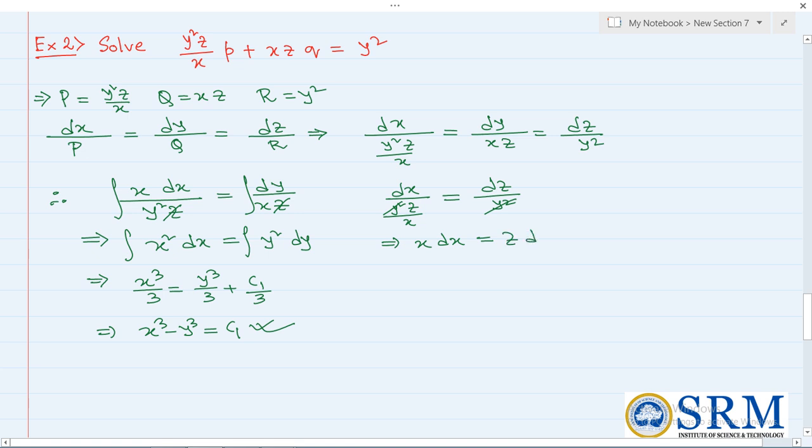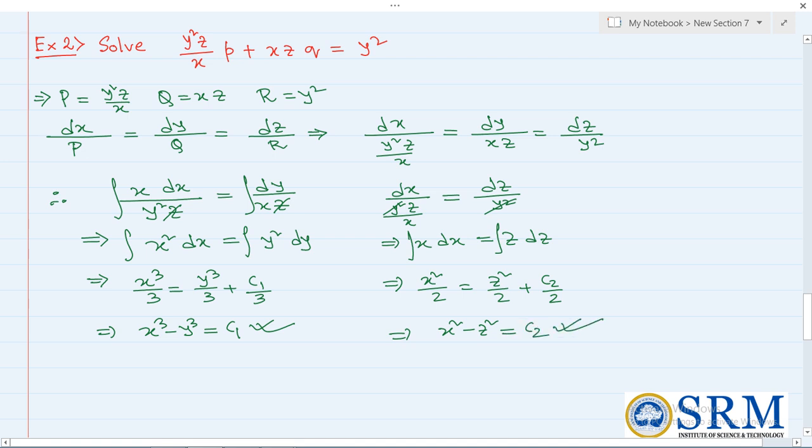Now you can integrate easily, okay, because it is already separable in variables. So it will come x square by 2 equals z square by 2 plus c2 by 2, I am taking. So this implies x square minus z square equals c2. So we have another family of curves.